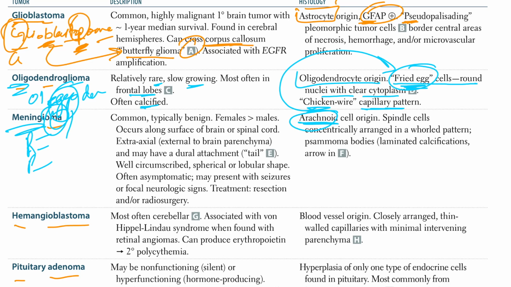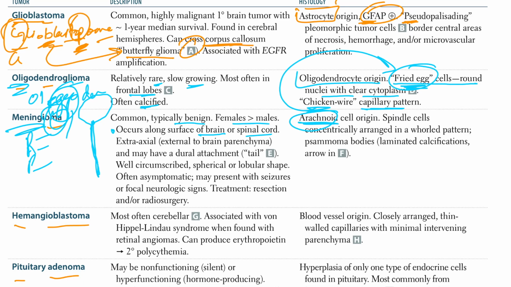All right. Now this is typically benign. Females greater than males, it occurs along the surface of the brain or the spinal cord, because if you recall, meninges run along the surface of the spinal cord and the brain, right? So not a big deal here.